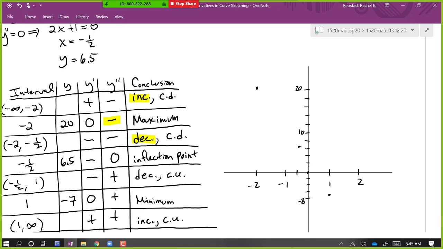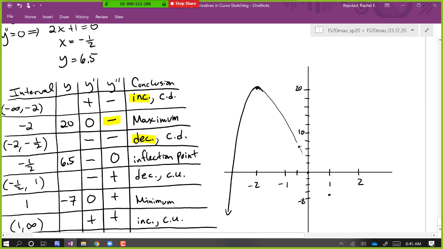So I've got these anchors. Now I'm just going to use our conclusions to figure out what's happening. At -2, this is a max, so it's got to do something like this, right? And heading into that max, when x is less than -2, it's increasing, concave down. That's got to do something like that. Heading out of this max, it's concave down.